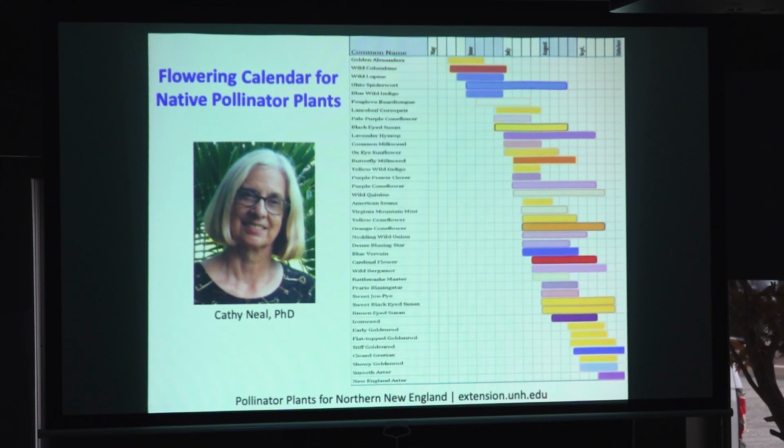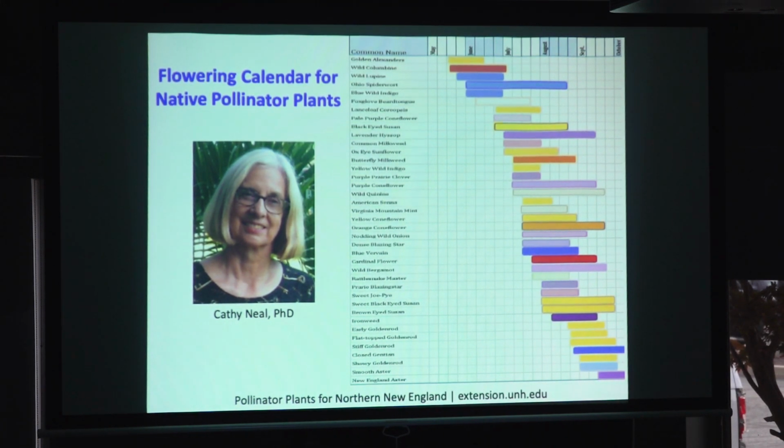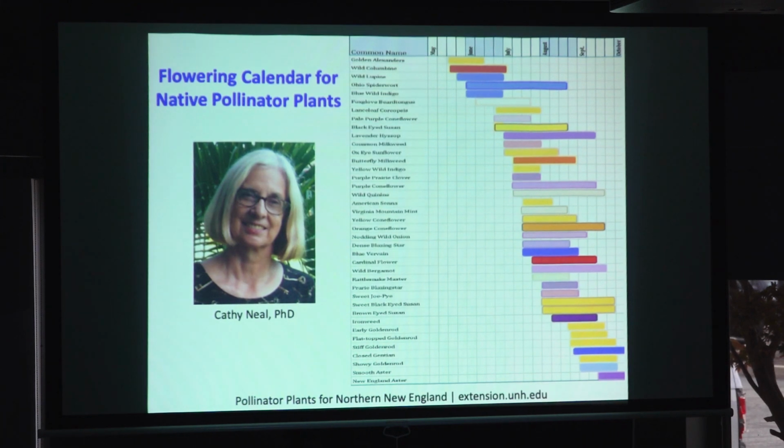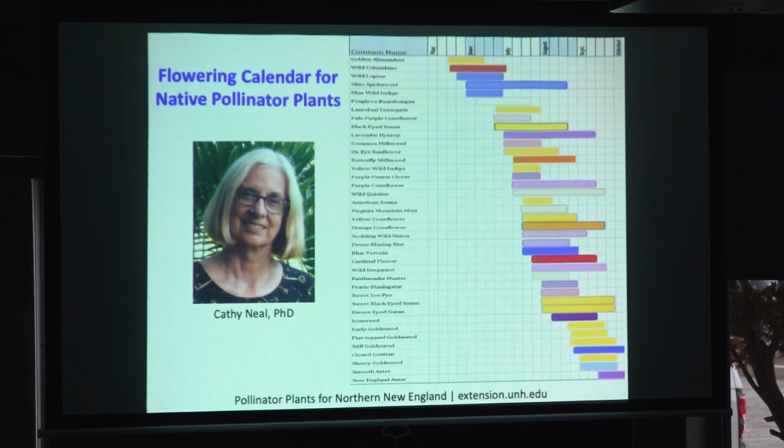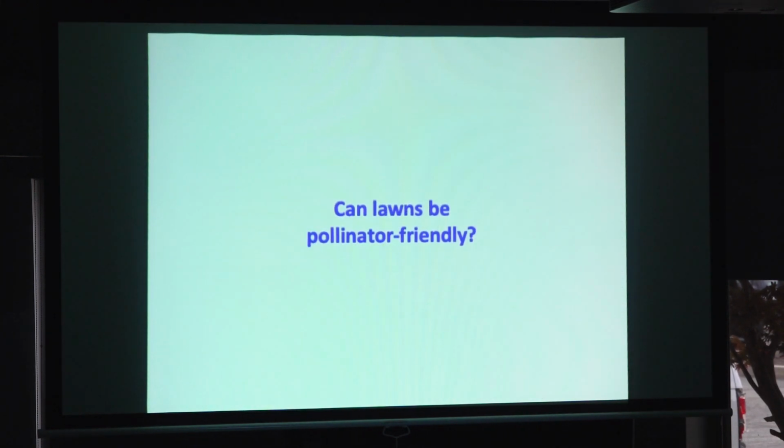So if you aim for having all or most of these, so much the better. But at least try for 3 at a time blooming in any given stretch on the calendar, 3 at a time.